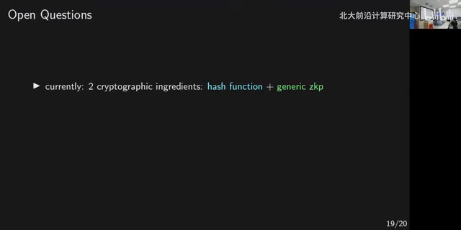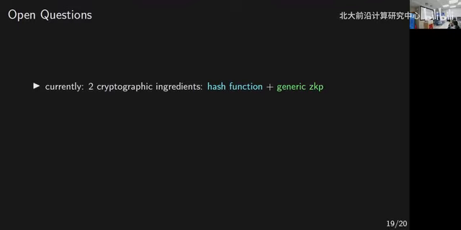But in practice, by the way, we have an implementation of all of this. In practice, this generic zero-knowledge proof is produced by Triton VM, whose only cryptographic ingredient is the same cryptographic hash function. So it's perfectly valid to say that the only cryptographic ingredient used in practice is the hash function.